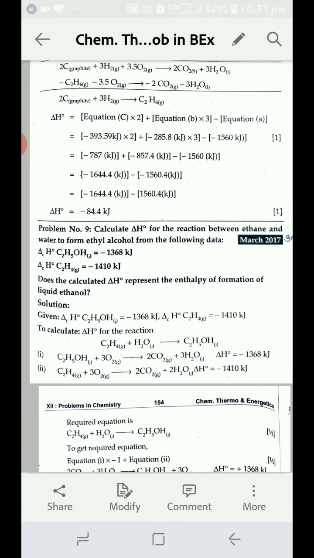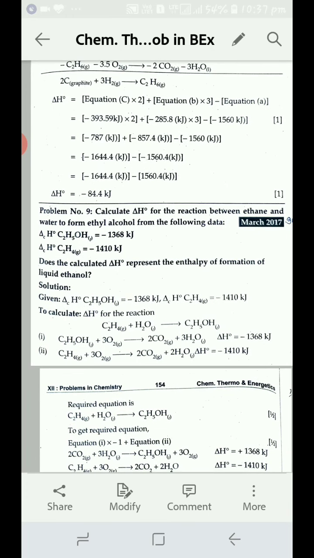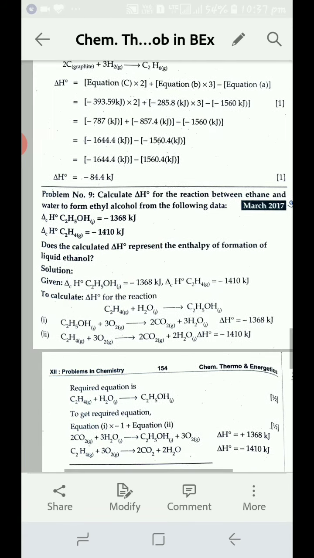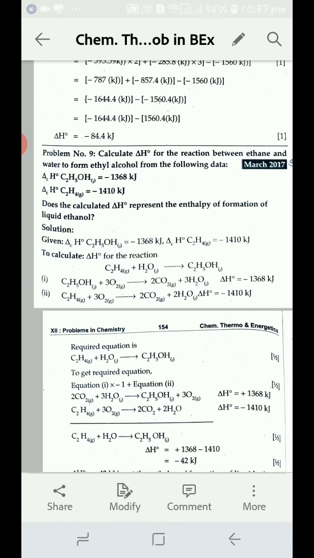So equation 1 into minus 1 plus equation 2. So do the same for the delta H0 value and write down the answer. So your answer is minus 42 kilojoule.